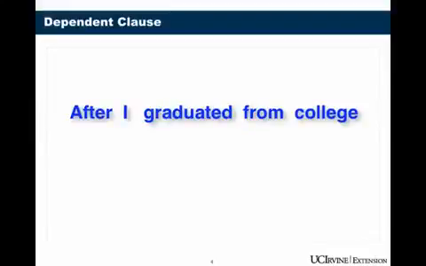It's not a complete sentence because we have the connector after. So remember that dependent clauses will start with an adverb clause connector, and then they'll have a subject and a verb. That group of words will make up your dependent clause. And dependent clauses are one part of complex sentences.